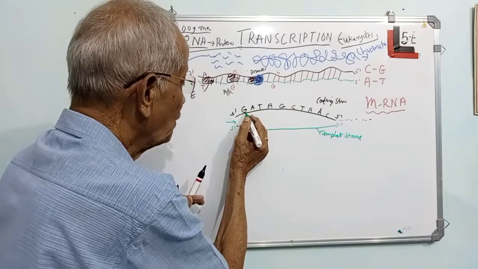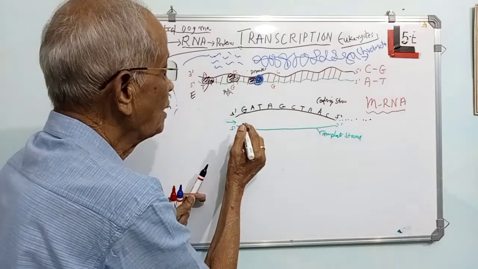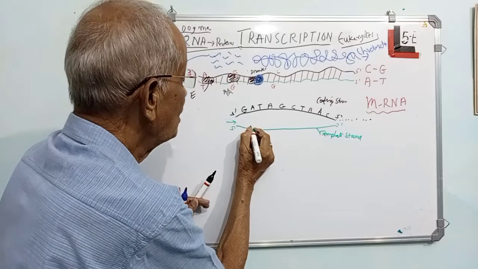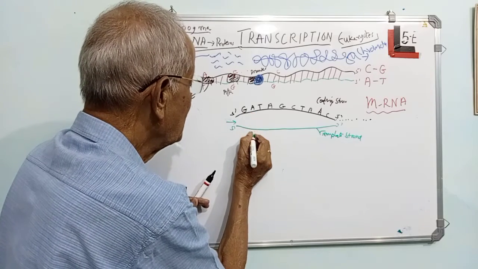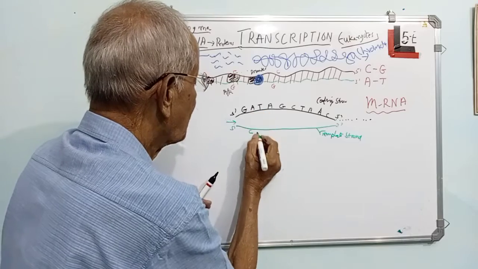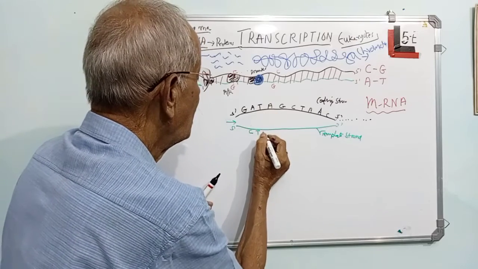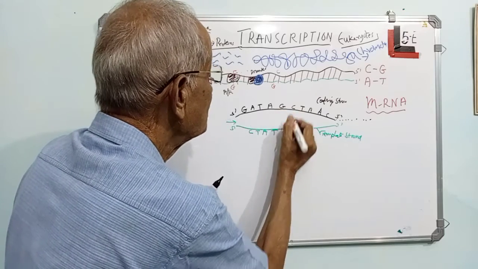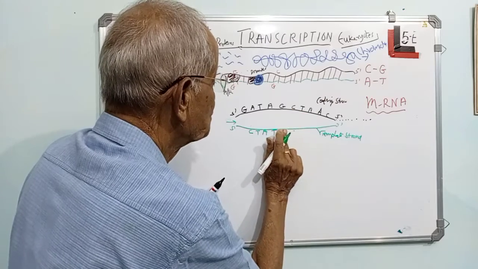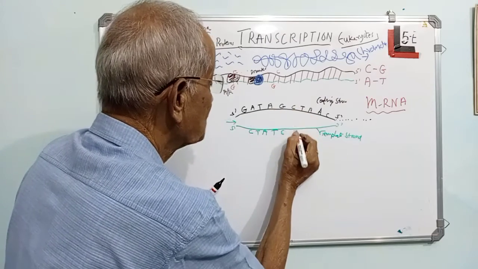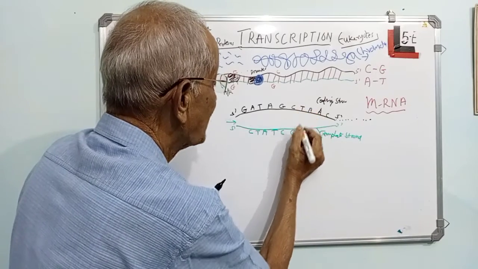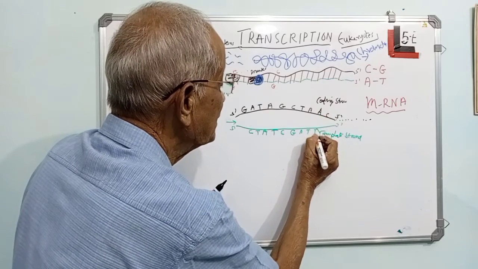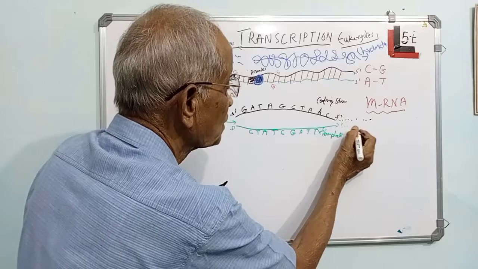And we know that there is a complementary base in the other strand. So for this it will be cytosine, further thymine, adenine, thymine, guanine, cytosine. For cytosine that will be guanine, for thymine that will be adenine, for adenine there will be thymine, and for this there will be guanine, like that it also continues.